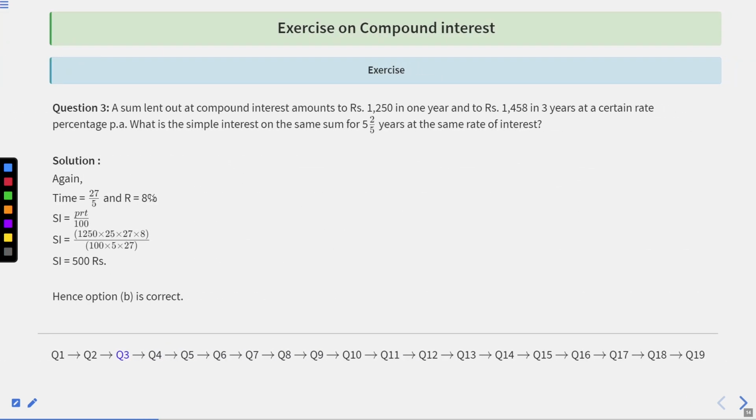Again, time is equal to 5 upon 27 and r is equal to 8%. So the simple interest is PRT upon 100. So simple interest will be given by principal, that is 1250 into 25 upon 27 into 8 upon 100 into 5 upon 27, which is 500 rupees. So the option correct here is option B.